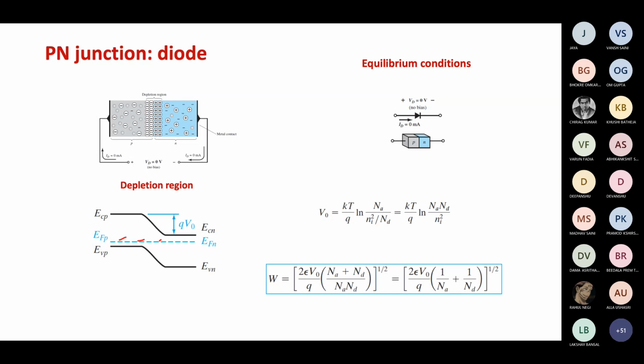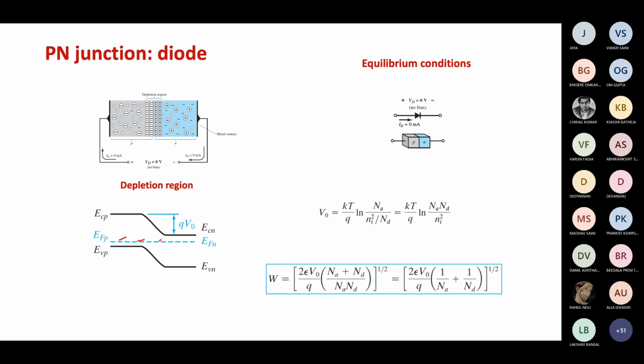The difference between the valence band maxima and Fermi level governs the number of holes in the system, which means that if this Fermi level is closer to the valence band maxima, there will be more holes in the system.